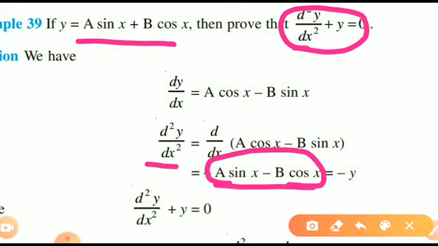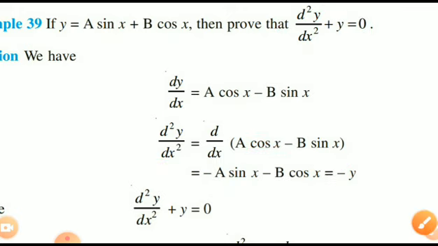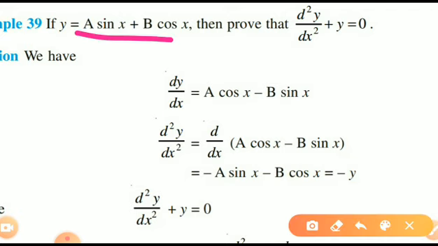Yes. Or sometimes you may be using your dy by dx. It depends. Now in this case, if I take the minus sign outside, it is minus of a sin x plus b cos x. So it is same as your y. So I can write instead of this as minus y.